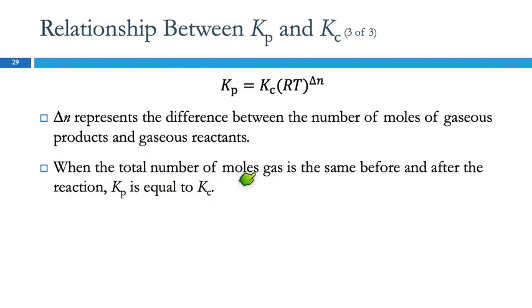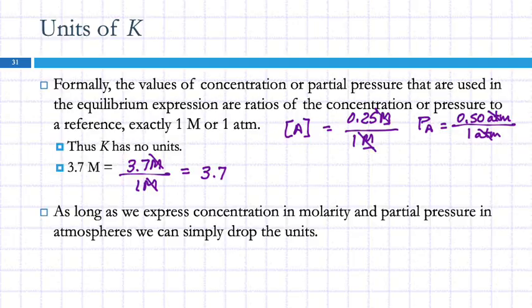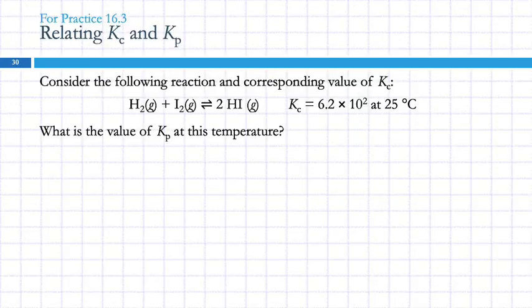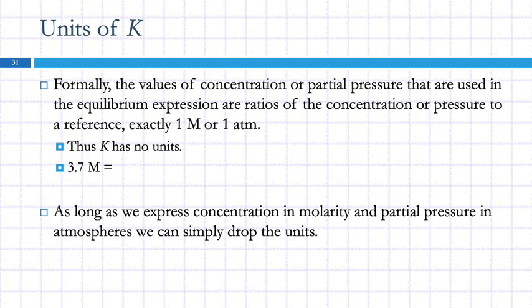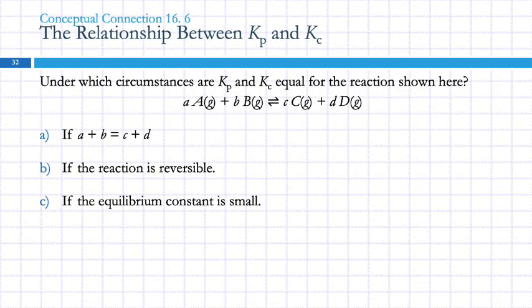The total number of moles of gas is the same before and after the reaction. So does that say anything about being reversible or having a small equilibrium constant? No.